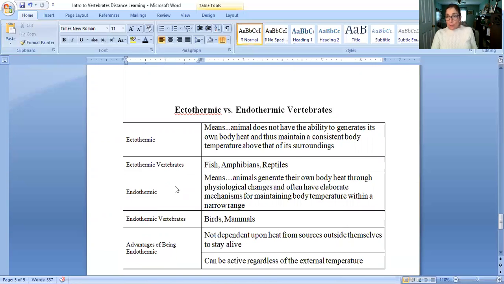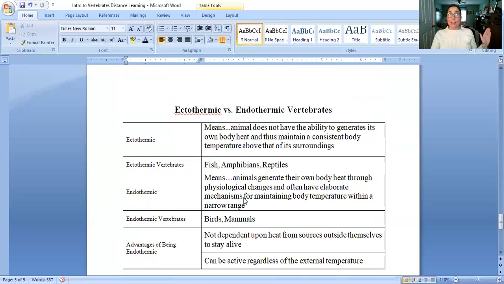The endothermic vertebrates are able to generate their own body heat through changes that occur inside their bodies, and they often have really elaborate means to maintain their body temperature within a narrow range. So, for example, we can maintain our body temperature at around 98.6, even if the outdoor temperature varies quite drastically from that.